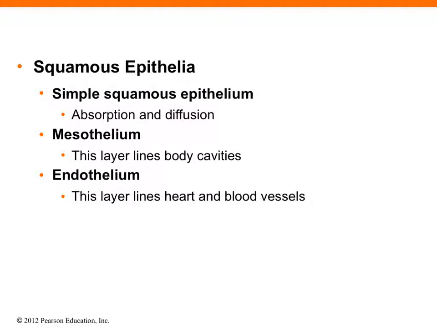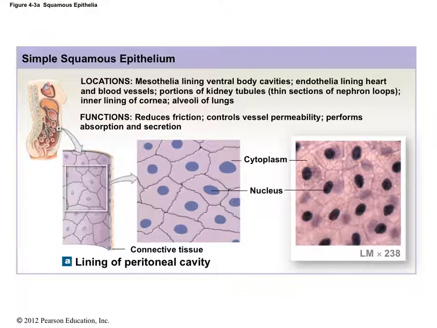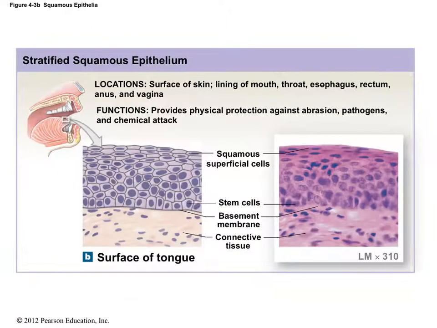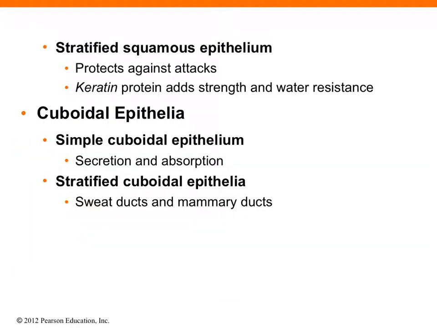Let's take a look at squamous epithelia. With simple squamous epithelium, the function is absorption and diffusion. With mesothelium, this layer lines body cavities, and then endothelium, this layer lines heart and blood vessels. Here's a picture of the actual images and the location of the types of tissue. Now let's move on to stratified squamous epithelium.